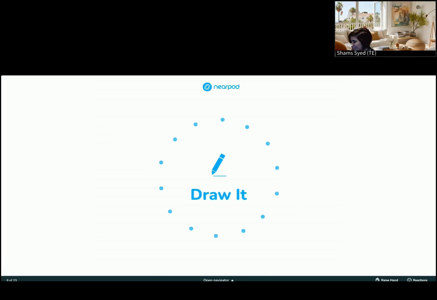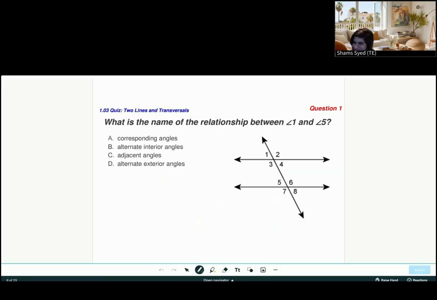Question 1, last variety. What is the name of the relationship between angle 1 and angle 5? What is the relationship between angle 1 and angle 5? You guys are so fast. Same side of the transversal, not alternate this time.